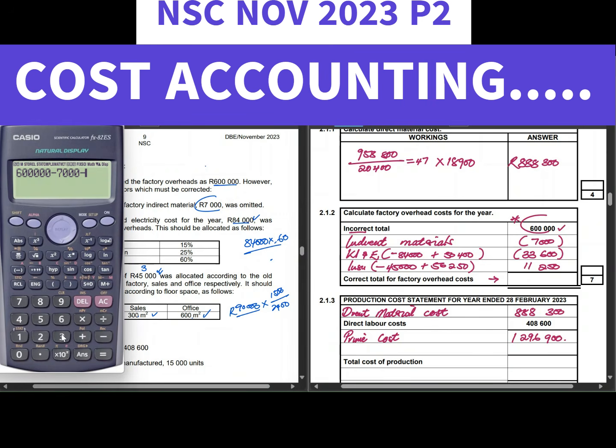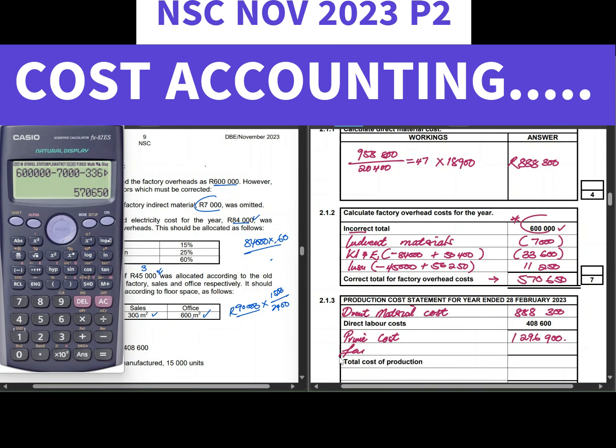And then I'll say minus 33.6. And then I'll say plus 11,250. Okay. And then that will give me 570,650. So I'll come here, then I end up with my 570,650. Then I take that as my factory overhead cost.